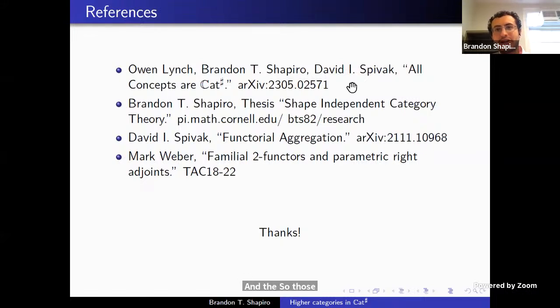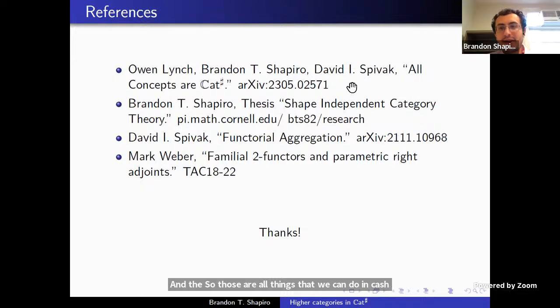So those are all things that we can do in cache-sharp. And the fact that we could also do some amount of higher category theory in the same language suggests that this is a good language for both pure and applied math. If you can do higher category theory, you're looking pretty good on the math front, I think. And databases and dynamics and effects handlers are a pretty wide selection of applications.